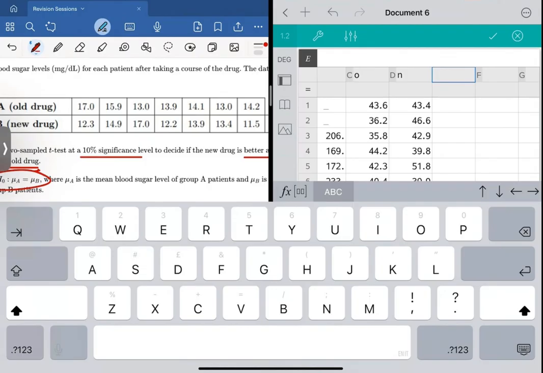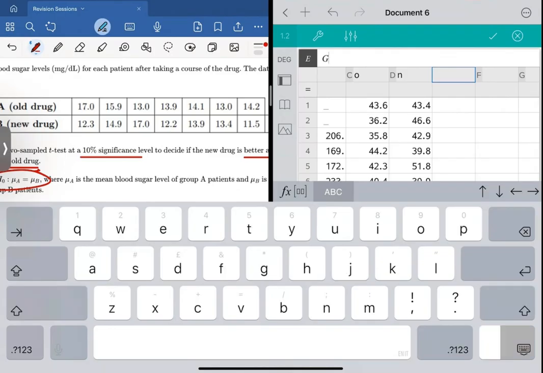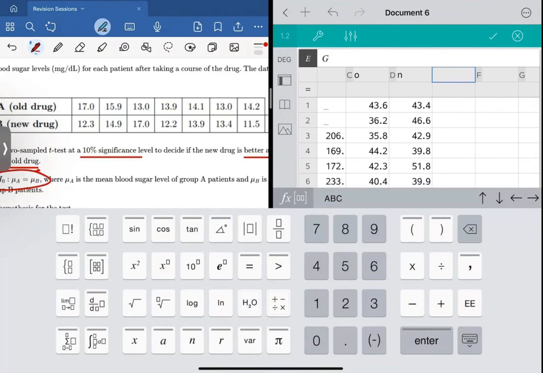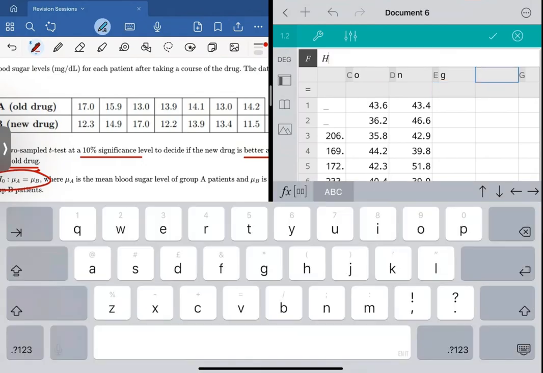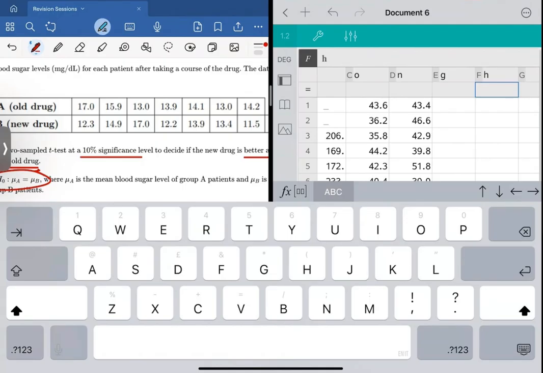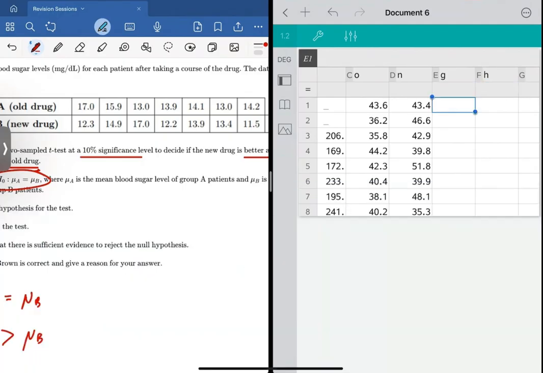Let's just go with two letters that are next door to each other. So let's go with G and H. I might recommend doing a new spreadsheet just so that you can use new labels. It's up to you. You just have to know which labels you're using.